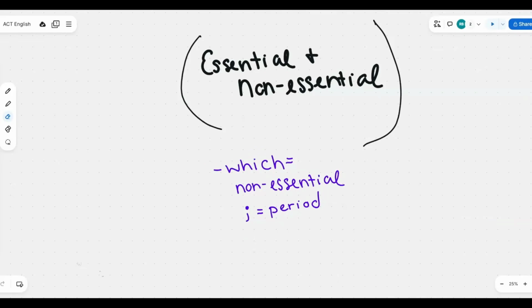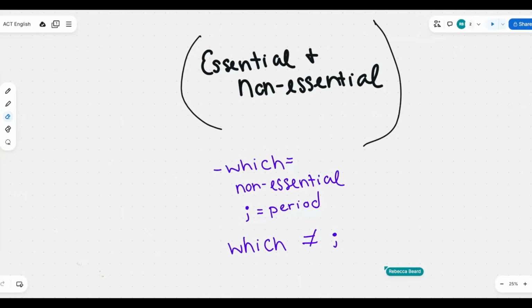From a high level, what you need to know is that "which" does not go with semicolons. That seems really particular, but with ACT English it's super helpful to know these tiny hacks, and they really do add up, which is why I've been able to increase so many scores from this, which is awesome.